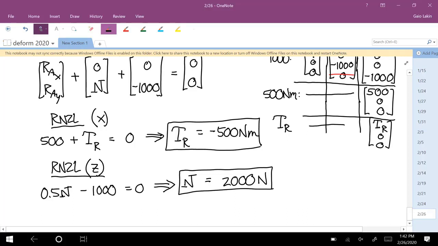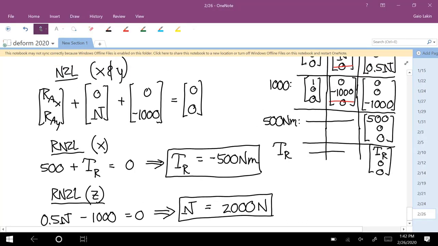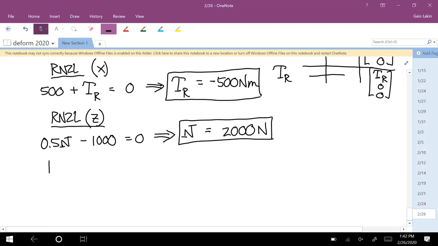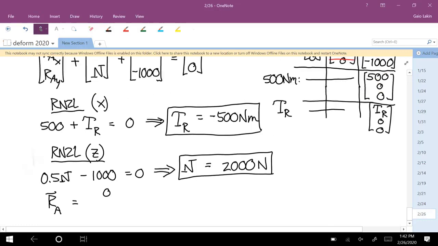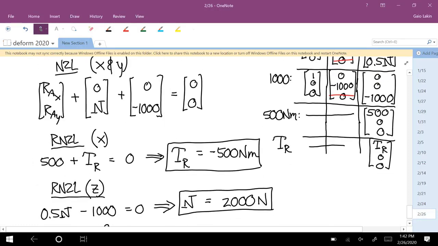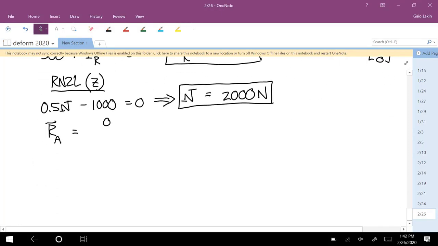And now we can plug that into Newton's second law, and we get that this vector RA has 0 for an x component and negative 1,000 for a y component.